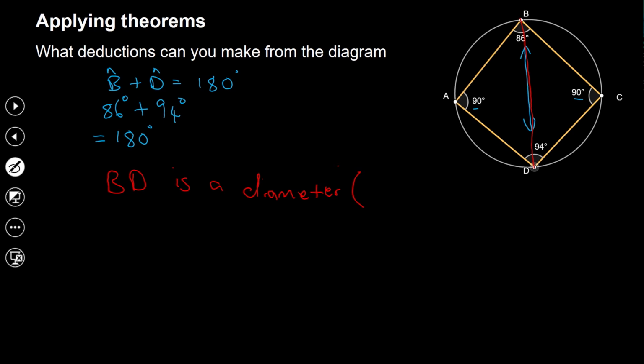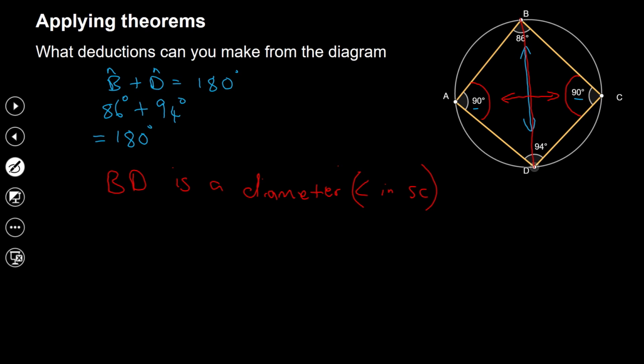And the reason why this is a diameter is because angle in semicircle, I will say SC, right? Because you can see that this angle here is 90 degrees and that angle is 90 degrees. And normally you know that a diameter subtends a 90 degrees.